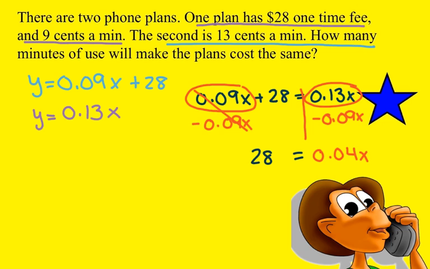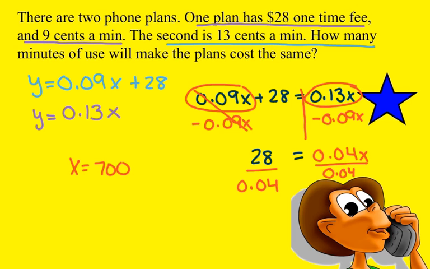And then I divide by 0.04, or 4 hundredths. So that means x is going to equal 700. So we would get x is 700.